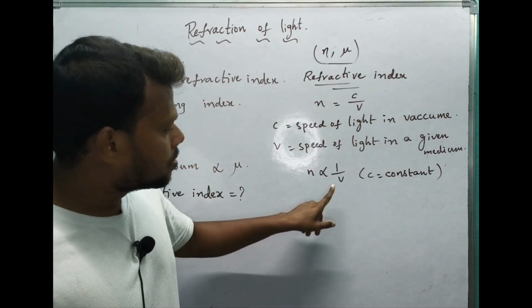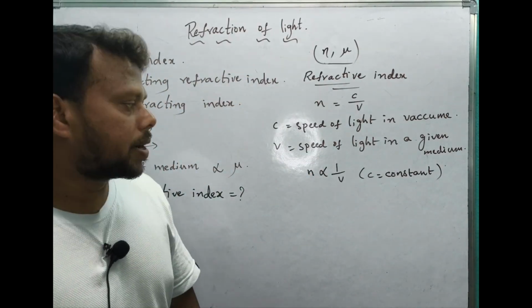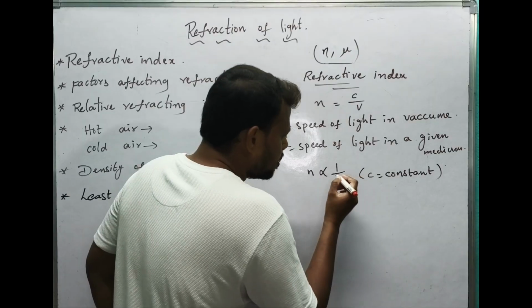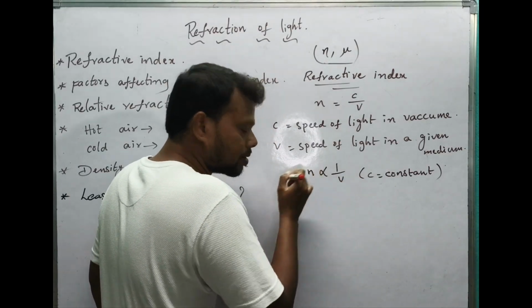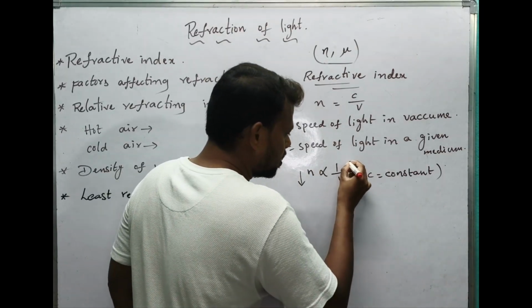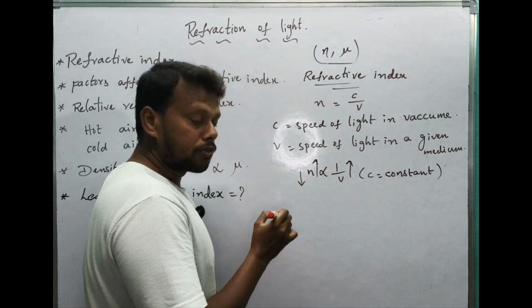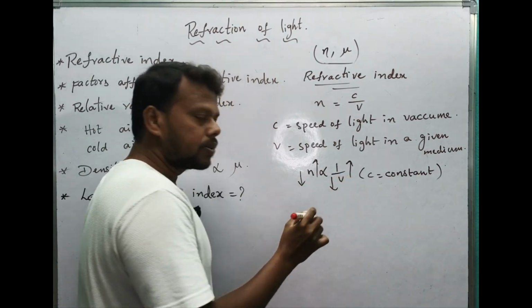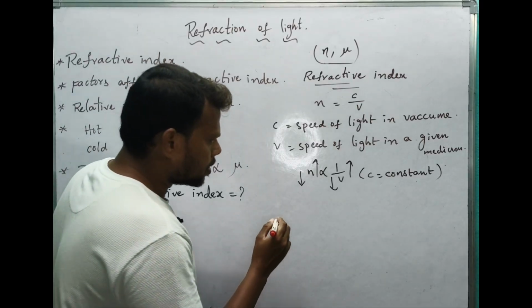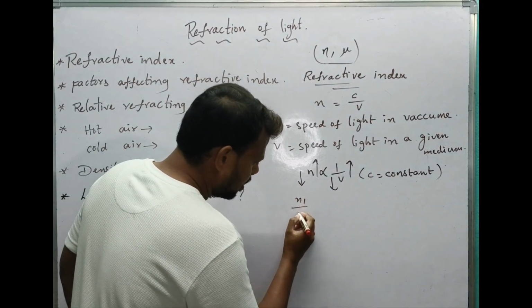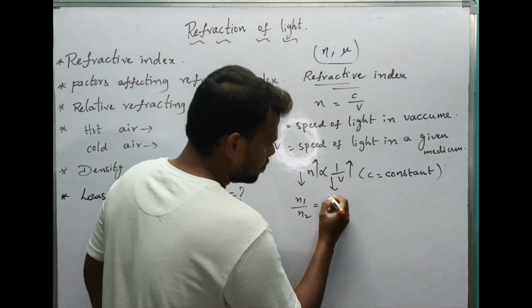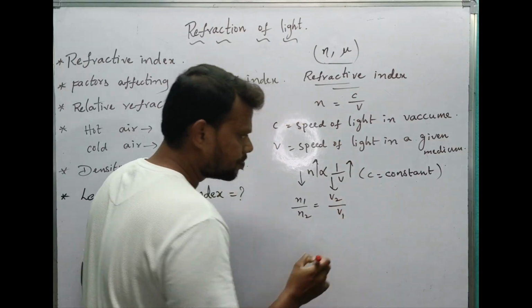If we have a least refractive index, we find more speed of light in that medium. If there is a more refractive index, we find less speed of light in that medium. From this relation, we write n1 by n2 equal to v2 by v1.